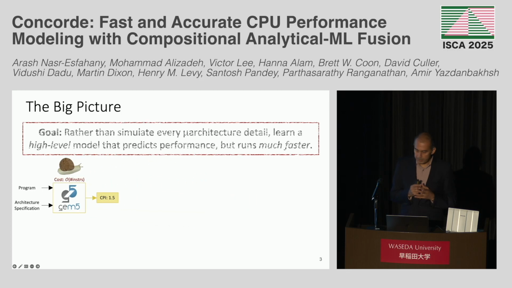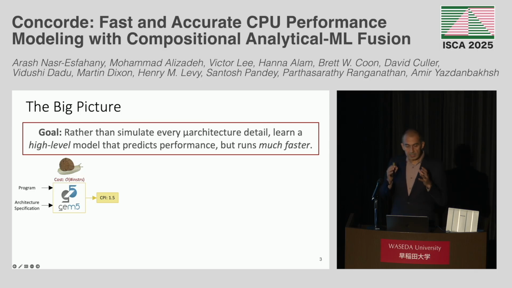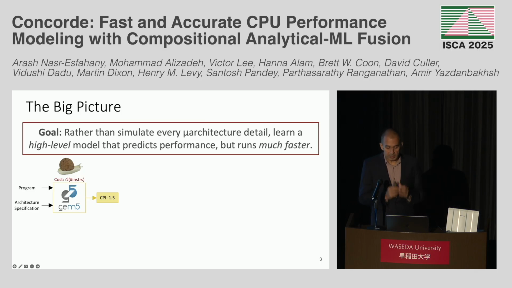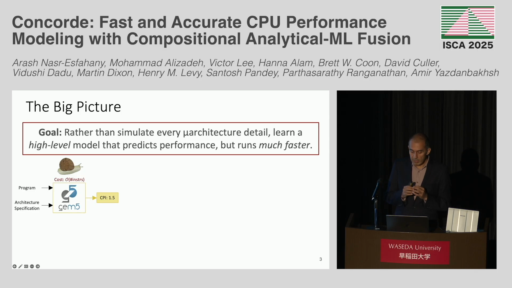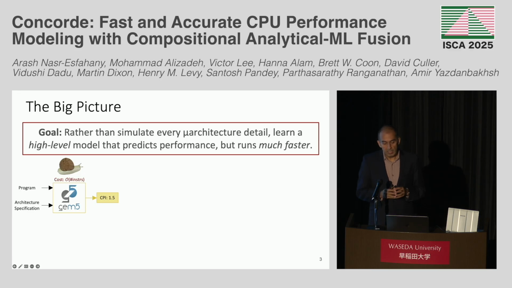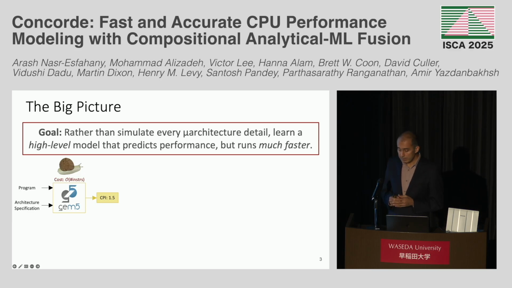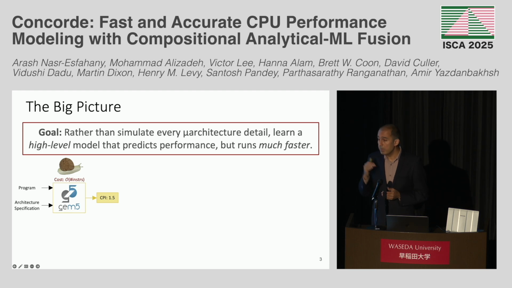So what we want to do here, rather than simulating every microarchitectural detail, our goal is to learn a higher level model that predicts performance like CPI with high accuracy, but runs blazingly faster.